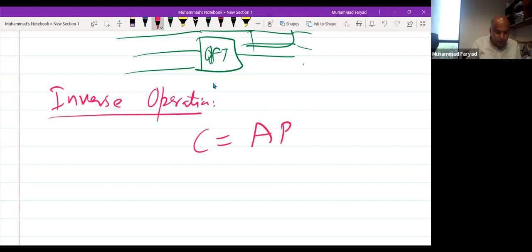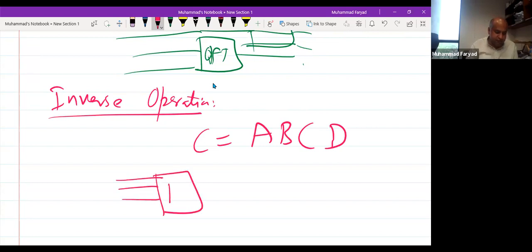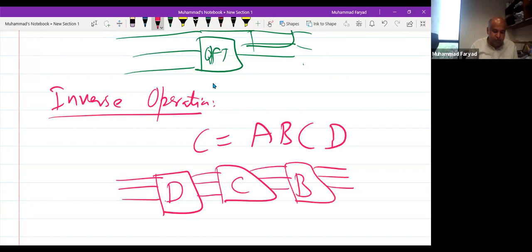It has some unitary operations A, B, C, D, etc., acting on a bunch of qubits. You first perform operation D on them, and then unitary operation C, then B, and then A. So this is what you're doing. If your input is psi, your output psi prime is this.